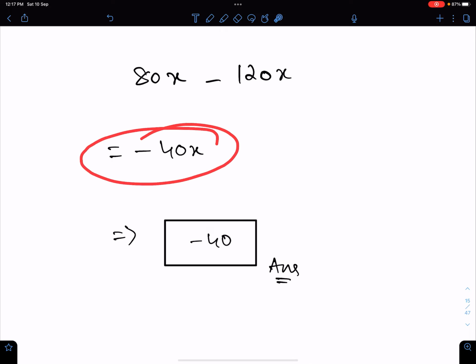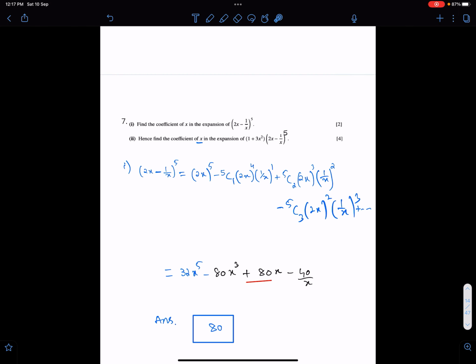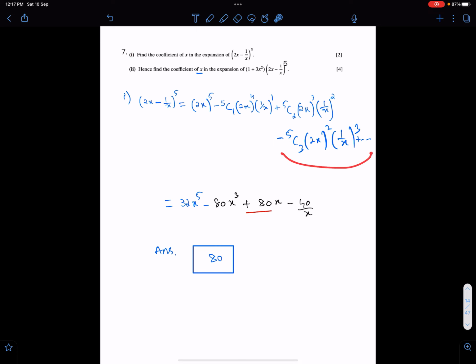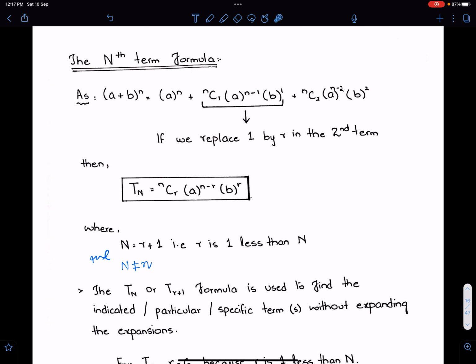Don't leave your answer here; leave your answer in this way. And this question is very important because of this extra term. Well, I will discuss this nth term formula in my next lecture, inshallah. Allah Hafiz.